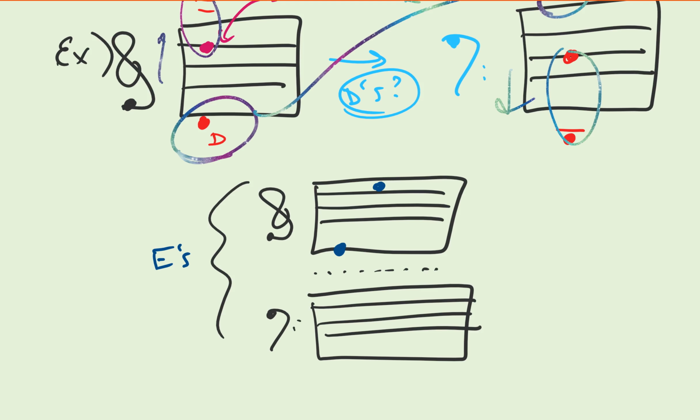My next E is going to be here, and if I go up 3 ledger lines, that's going to be an E as well. So if I want to transpose downwards, where is this E going to be transposed down to? Well, that's going to be 2 ledger lines above the bass clef. So that's going to be 1, 2. But of course, those two are going to be equal, but I'm going to transpose the next one down.